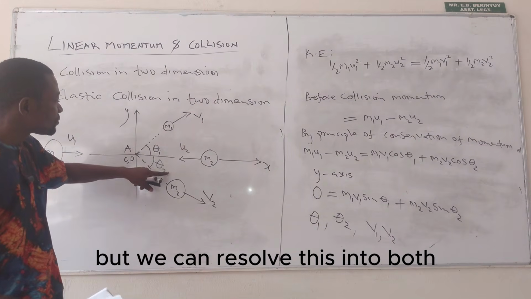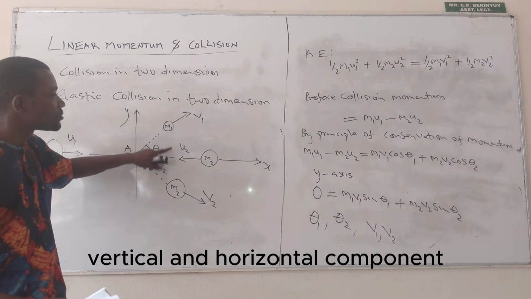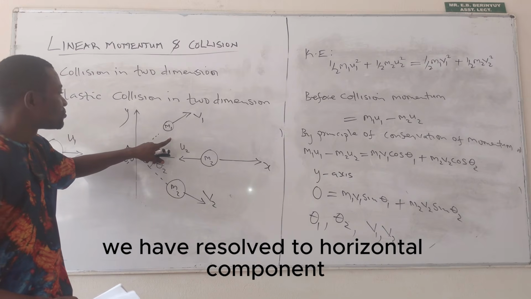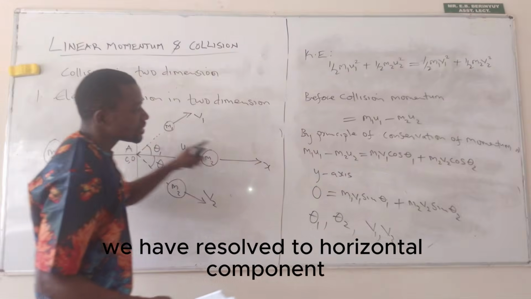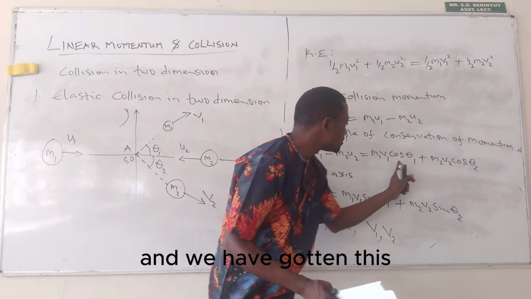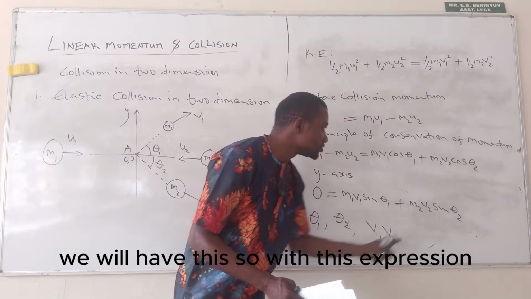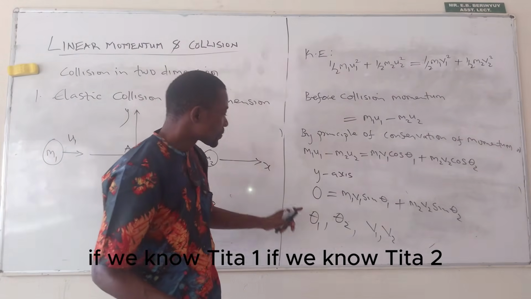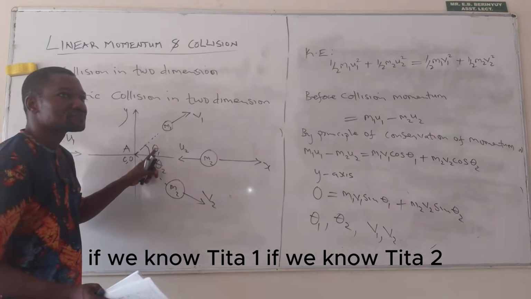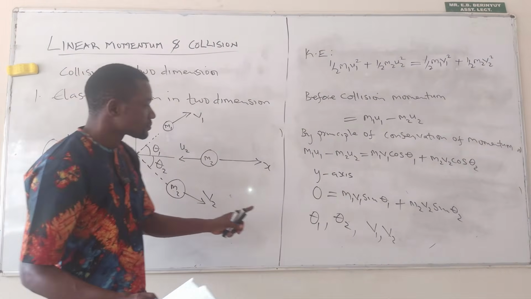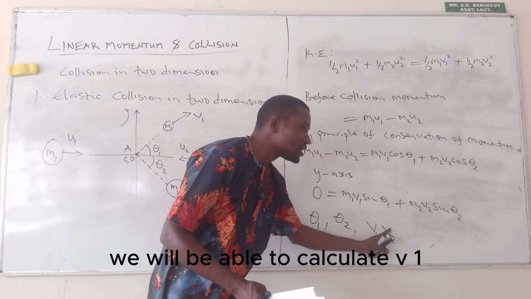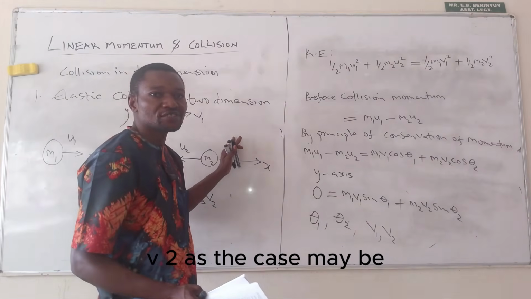But we can resolve this into both vertical and horizontal components. We have resolved to the horizontal component and we have gotten this. If we resolve to the vertical component, we will have this. So with this expression, if we know theta 1 and theta 2, we will be able to calculate v1, v2 as the case may be.